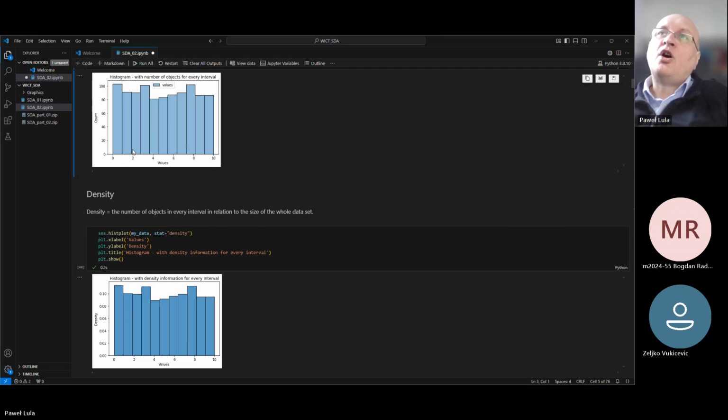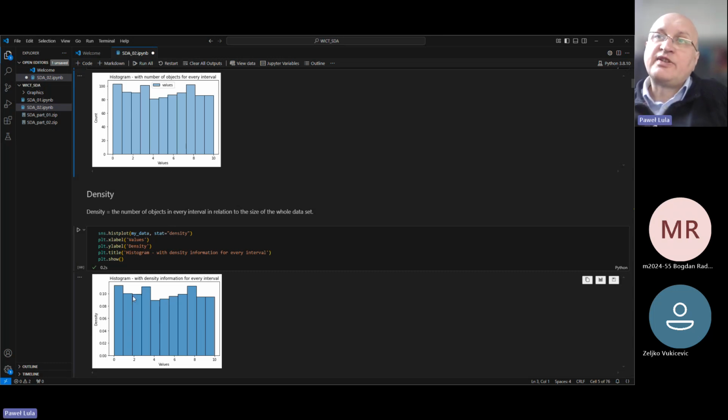So the only change which we can observe between these two forms of histogram is related only to the y-axis. So these values, we can say, were scaled.